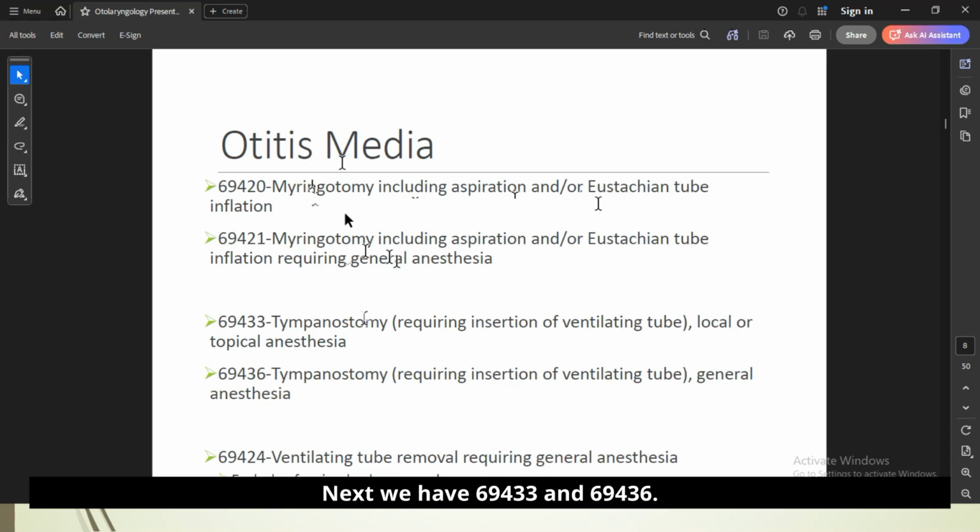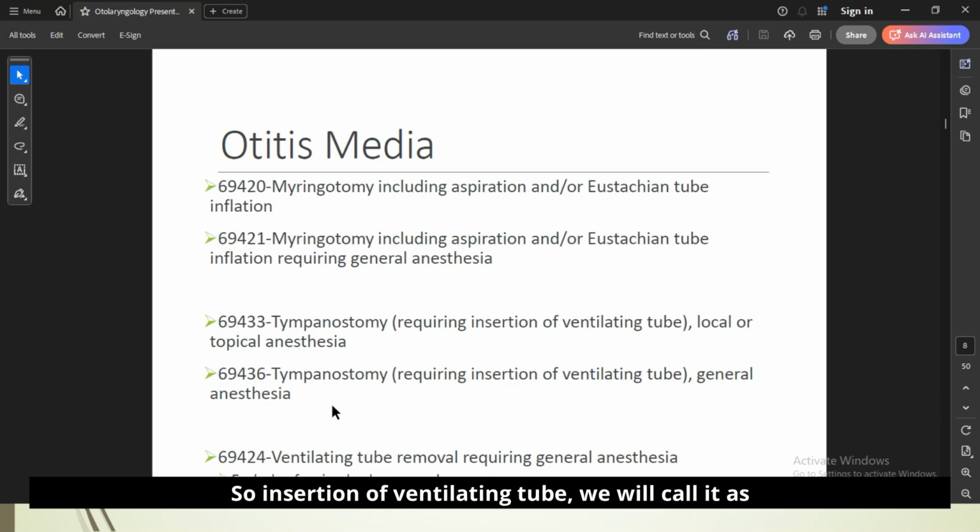Okay. Next we have 69433 and 69436. Now we need to understand tympanostomy. As we have discussed previously, if the fluid accumulation is very severe or chronic, in order to drain that fluid because of otitis media, the surgeon will insert the ventilating tube.